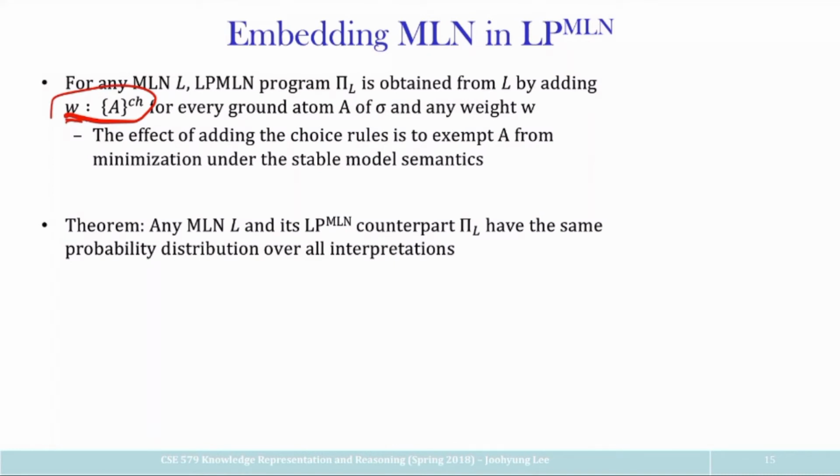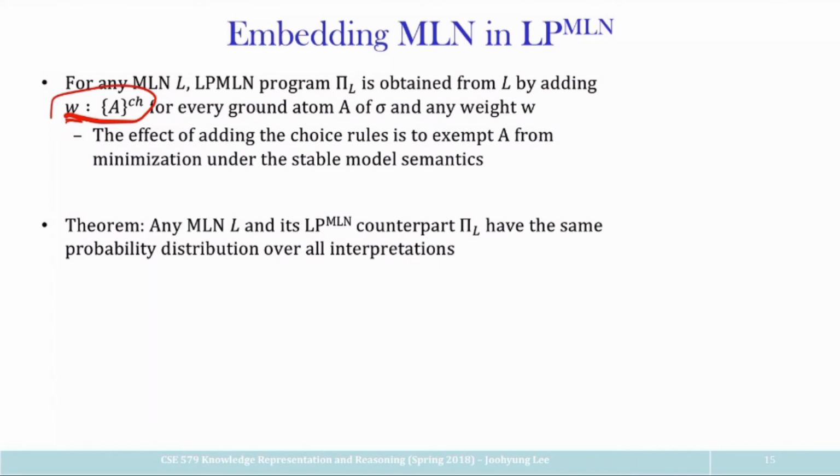Once you do that, by the way, here is a comment: the effect of adding the choice rules is to exempt the atom from the minimization under stable model semantics. So the theorem here: any MLN and its LPMLN counterpart have the same probability distribution over all interpretations. Okay?